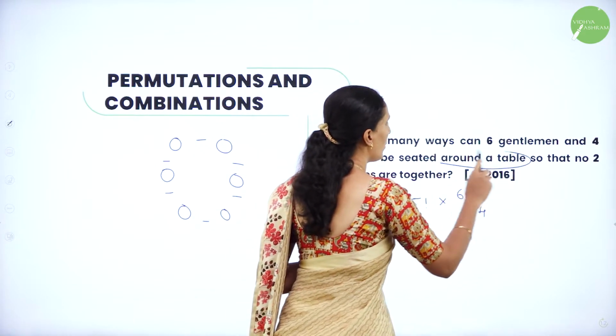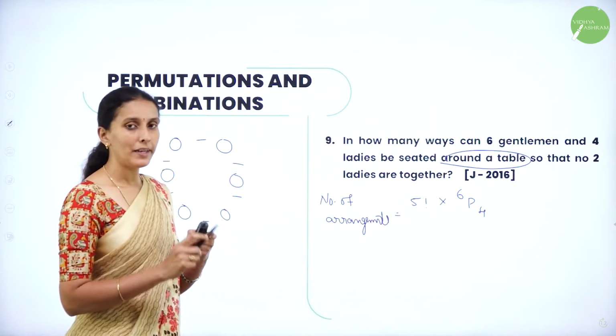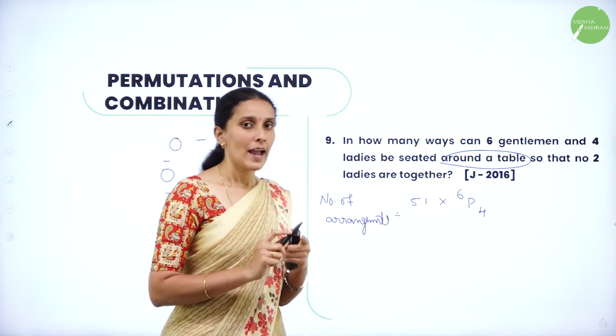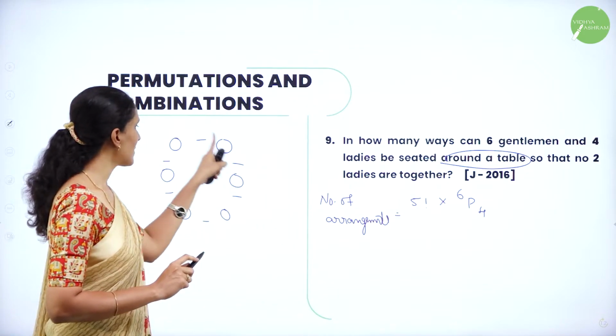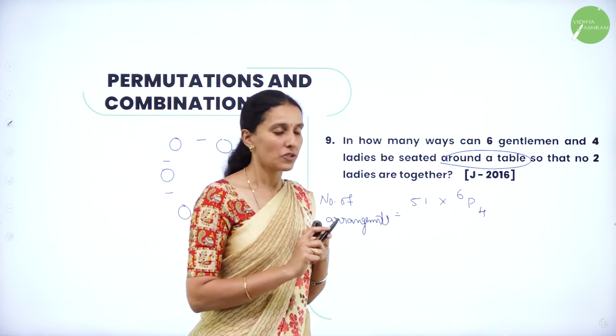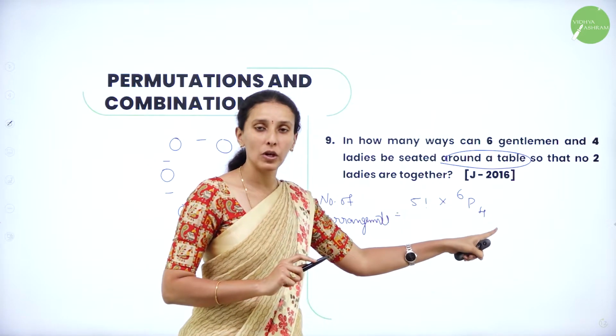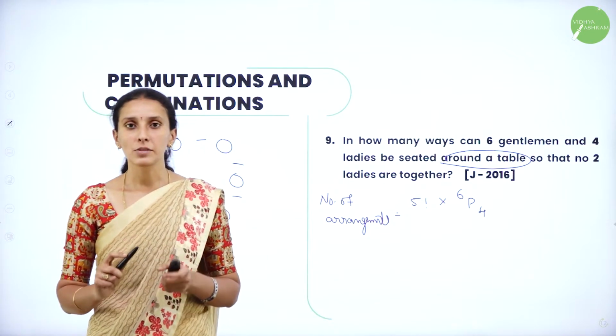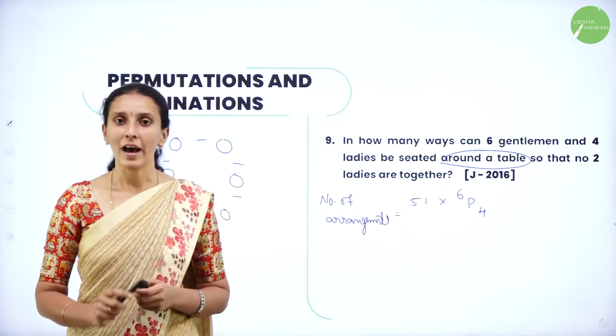Since they are sitting around a table, the 6 gentlemen can arrange themselves in 5 factorial ways, and we have 6 remaining places between the gentlemen, but we can fill only 4 with ladies. So out of 6 places we can fill only 4. Therefore we have 5 factorial into 6P4 ways of arrangement.